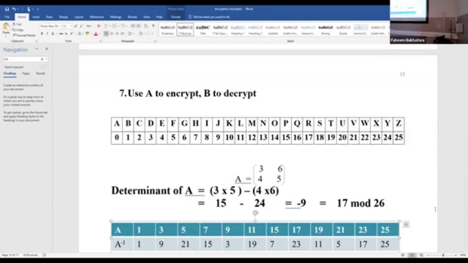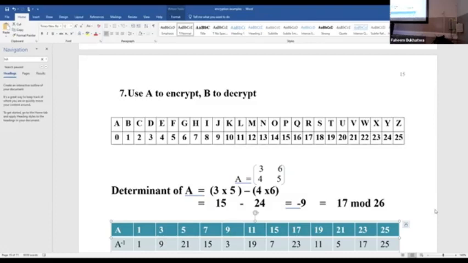Okay, guys, so here are the steps. First, you find the determinant of the matrix, that's 3 times 5 minus 4 times 6. This 17 is the determinant for this matrix. We're going to get the inverse of this matrix, so we have to get the inverse of this determinant. The inverse of 17, you can get from this table.